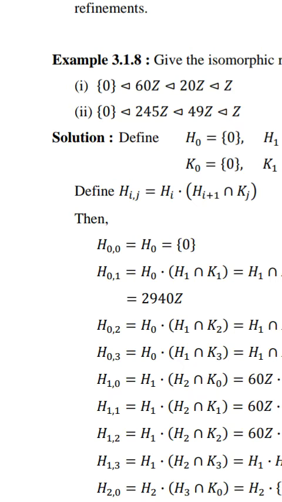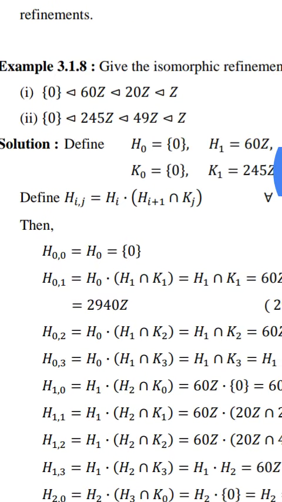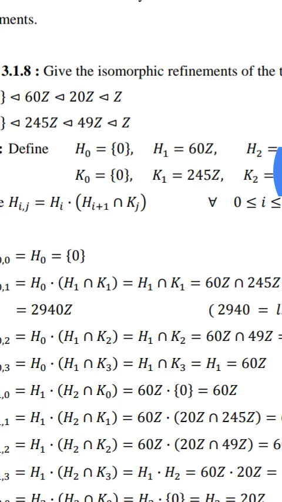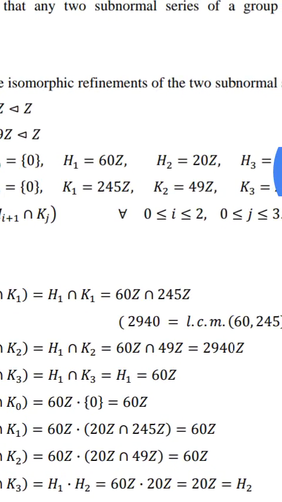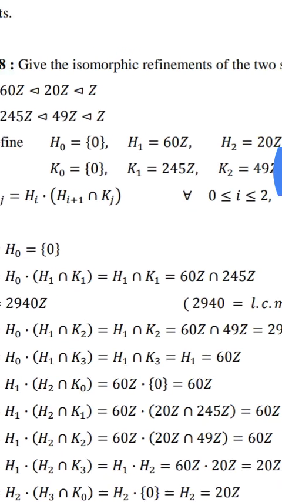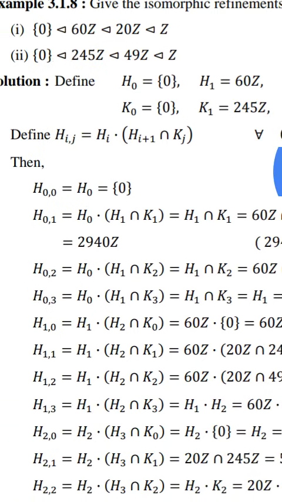Therefore H00 = H0 = {0}, H01 = H0(H1 ∩ K1) = 60Z ∩ 245Z.